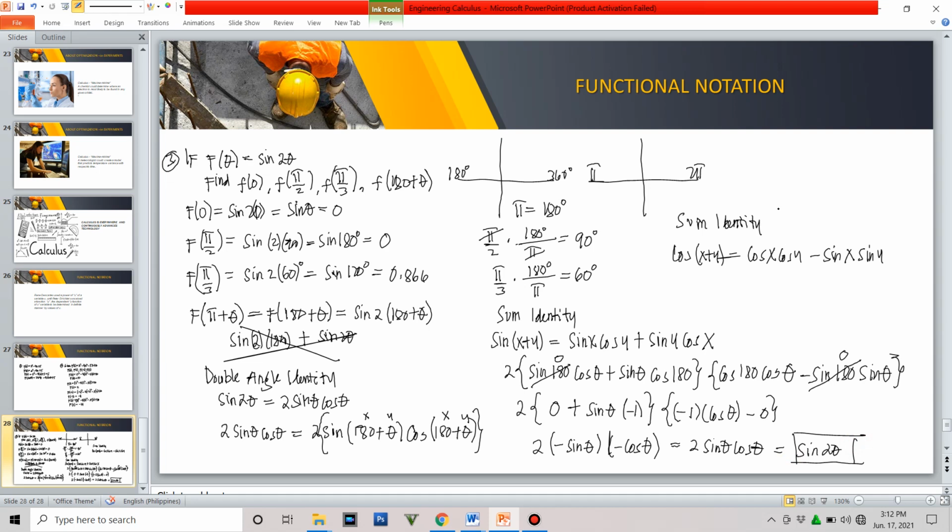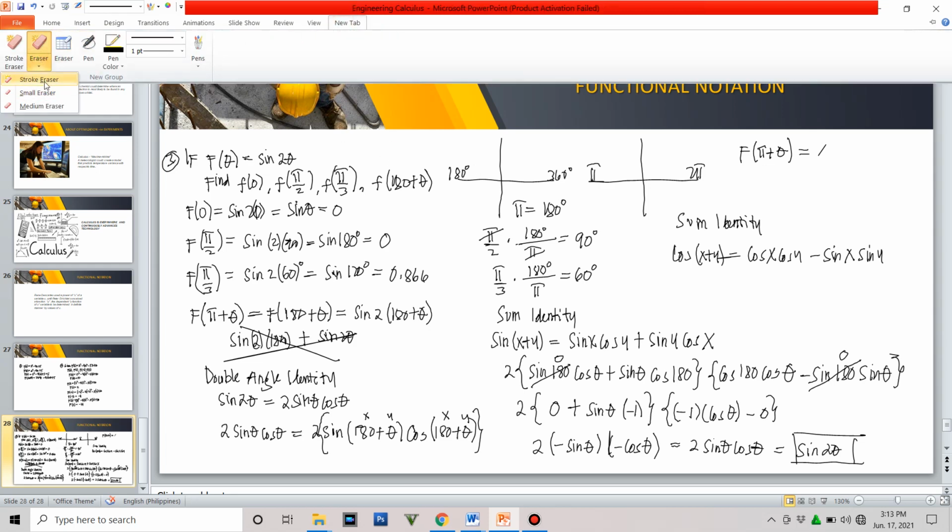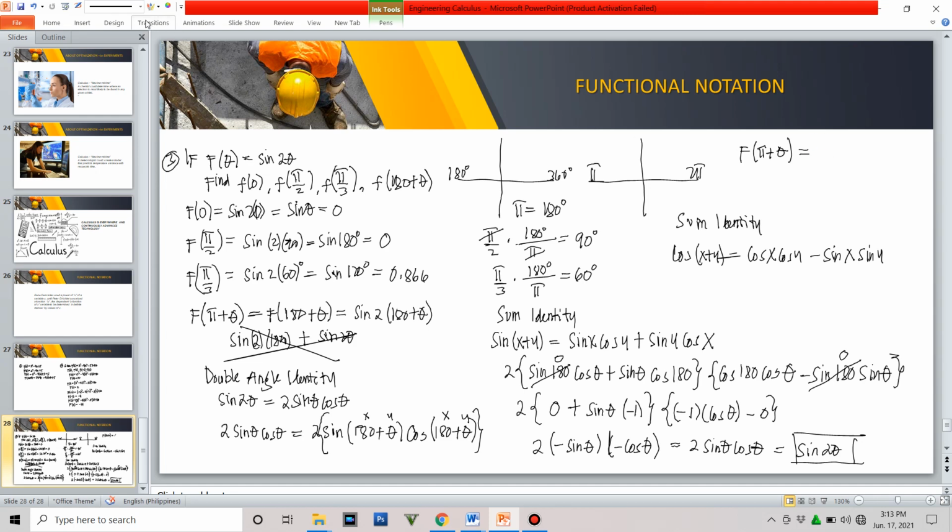So if that is the case, we can say that function of pi plus theta is simply equal to sine 2 theta. So what we got here is actually sine 2 theta. Interestingly, class, this sine 2 theta is actually function of theta.